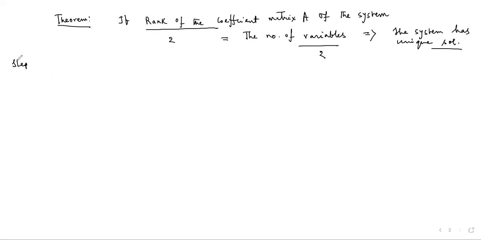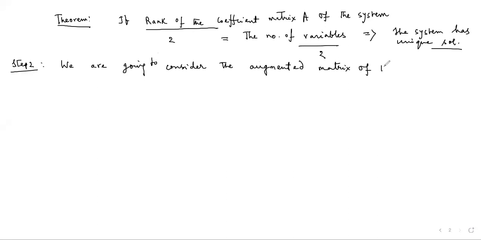Step number 2, we are going to consider the augmented matrix. I talked about augmentation in my previous class. We are going to consider the augmented matrix of the system. What is the augmented matrix of the system?